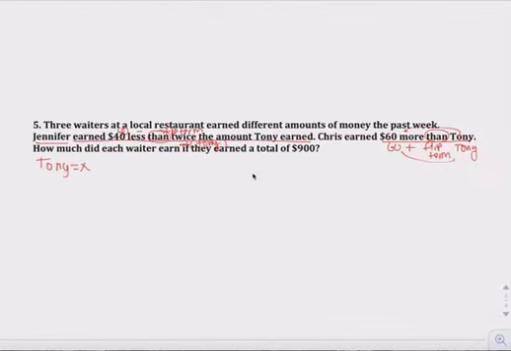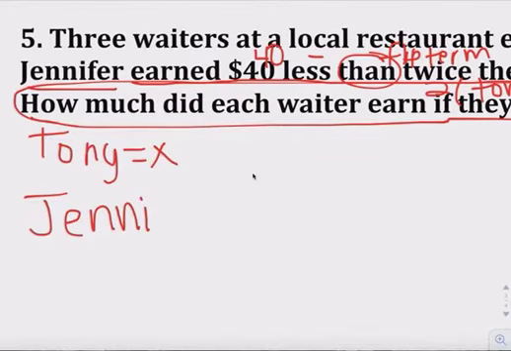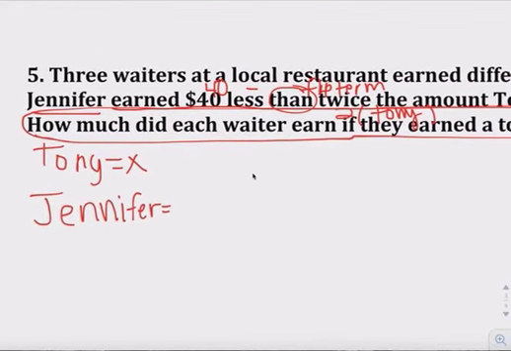Okay, so how much did each waiter earn if they earned a total of this much? Okay, so Tony has X. And then there is Jennifer. She earns 40 less than twice Tony.